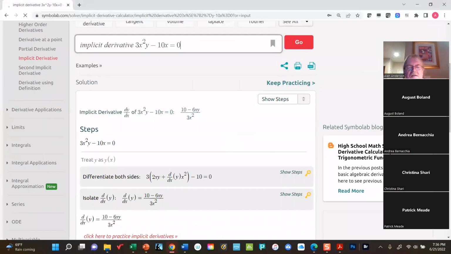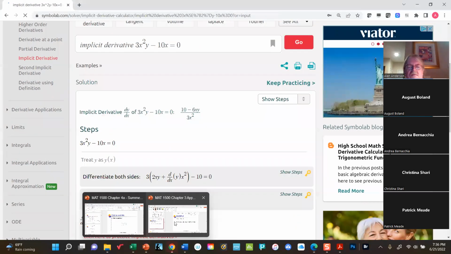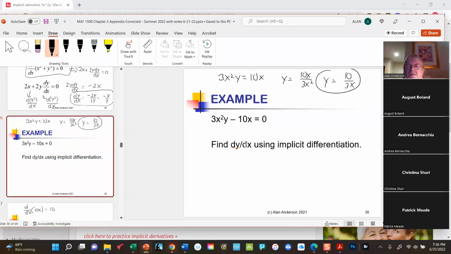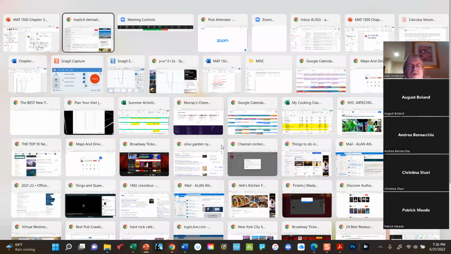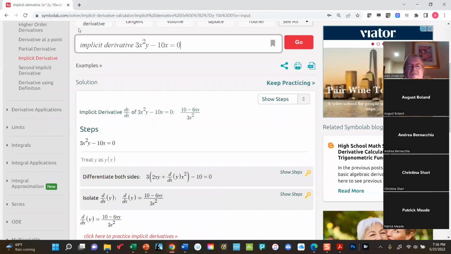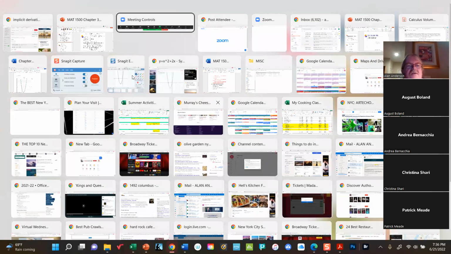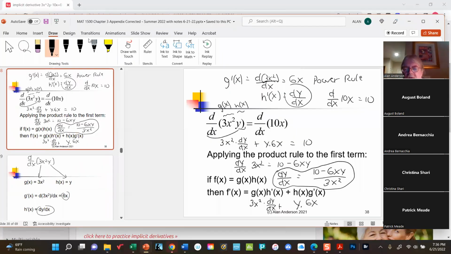Yeah, 10 minus 6xy over 3x squared. That's right. No, it was a stupid algebraic mistake. It's so frustrating when you're doing all the complicated things right and then messing up the algebra. So yeah, it's fine now.